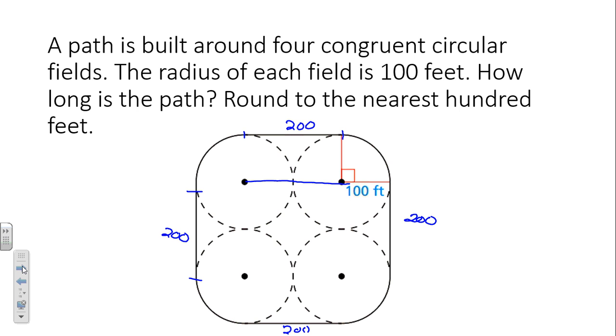But then we have to get the circular parts, don't we? So how would we find this circular part? Yep. So we have 1, 2, 3, 4 of these fourth arcs, right? So 1 full circumference plus all of these 200s. You can't, because then you would end up with extra space. See how this part's not being used? You'd be traveling too far.